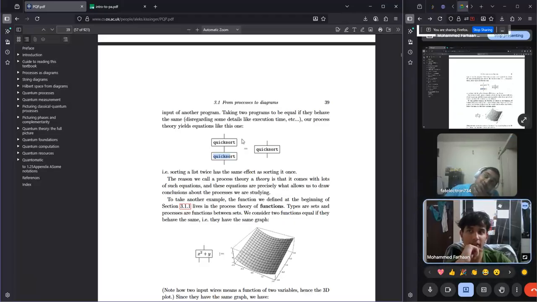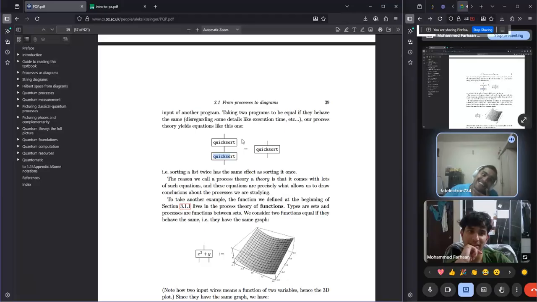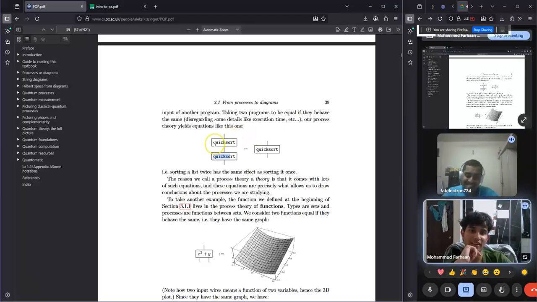Maybe not, but there might be some way to map actual algebras to these process diagrams.